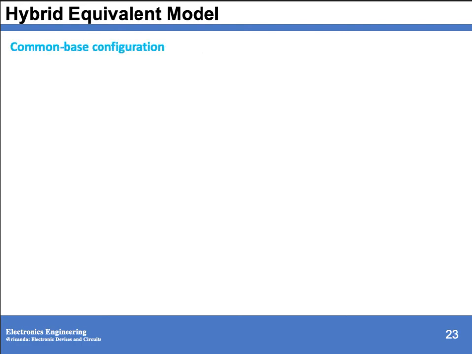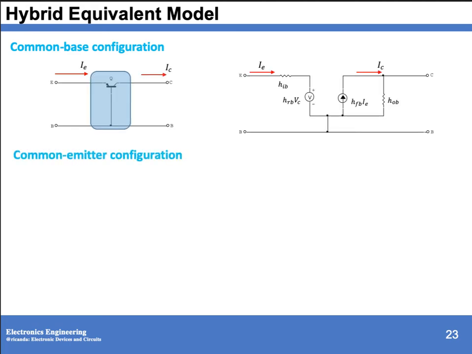So for a common base configuration, the equivalent hybrid model will be this one. So we have HIB, HRB VCB, because why is it VCB? Because your output voltage is C with respect to B. Then we have HFB IE, because your input current is IE.